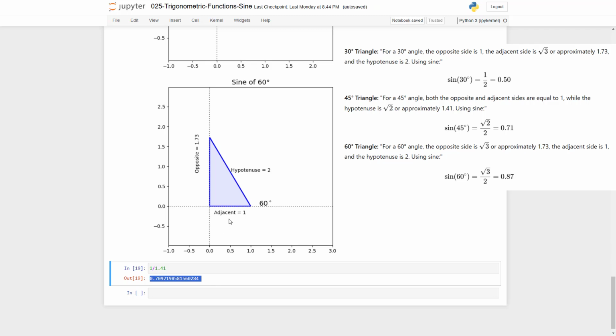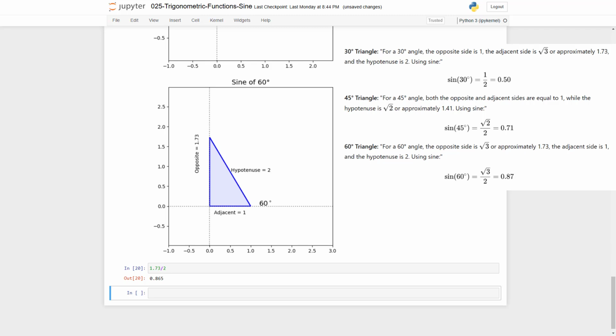And then the third one for 60 degrees: the opposite is 1.73, and the hypotenuse is 2. So it is 0.865, so it's 0.87, which is square root of 3 over 2. So this is how it is.